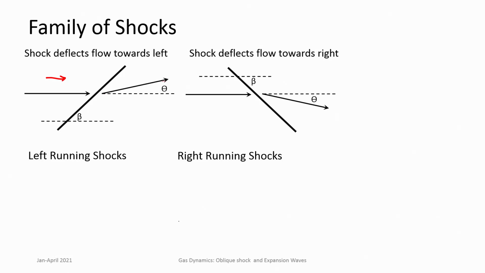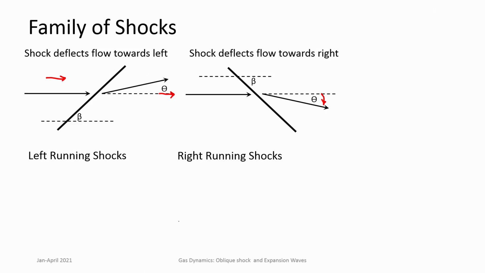If it deflects the flow towards the left of the main flow, then the shock is known as a left running shock, and you can see that the shape of the shock itself is different on both sides. They have the same angle beta, but the way they produce deflection is different. So, this is a right running shock, it deflects the flow towards the right.